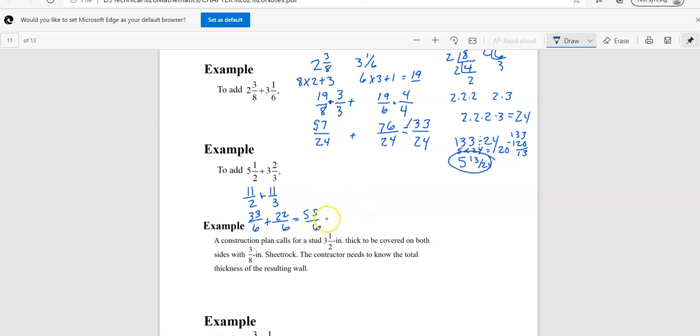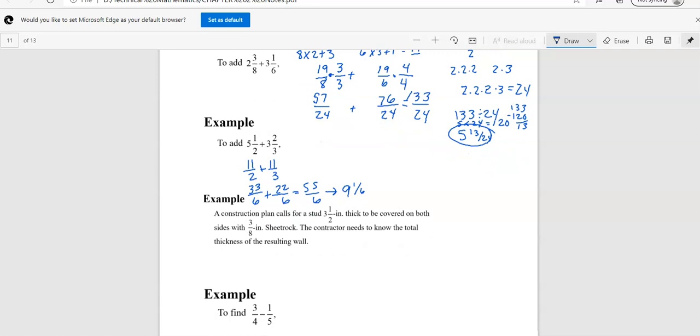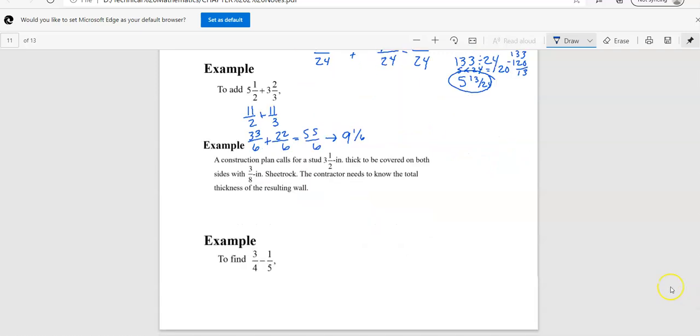Okay, so we want to make that into a mixed number. It's going to be 9 and 1/6. 6 will go into 55 9 times with 1 left over. So 9 and 1/6.